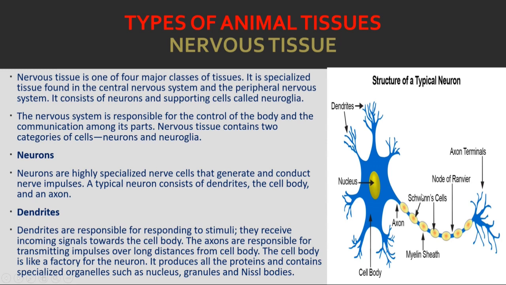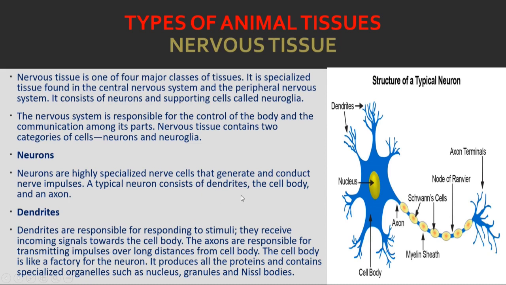Neurons are highly specialized nerve cells that generate and conduct nerve impulses. These messages act as impulses that move from one neuron to another, to the part of our body where the work is being asked to be done or not done.